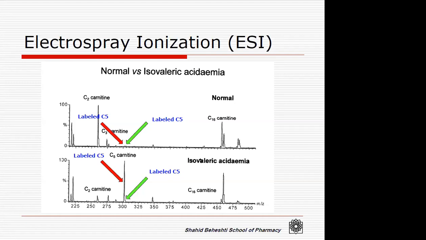And when you inject these samples to the mass spectrometer, you get two signals for each biomarker, one for natural, the other one for labeled. If the natural signal is more intense than the labeled one, you will have a pathological case. And if the natural signal is smaller and lower than the labeled biomarker, then we will have a normal case. And that's the whole idea of analyzing metabolic disorders using the capacities and capabilities of mass spectrometry.